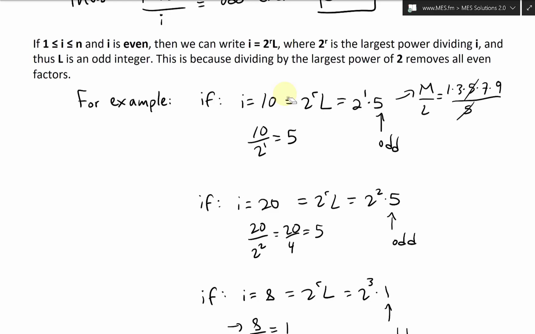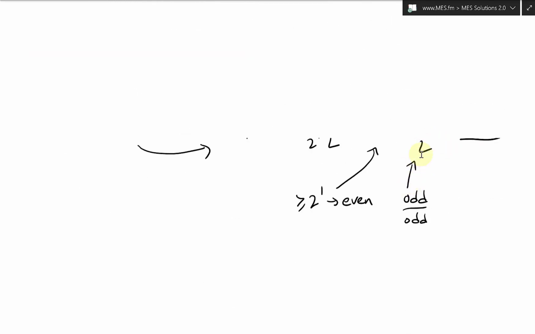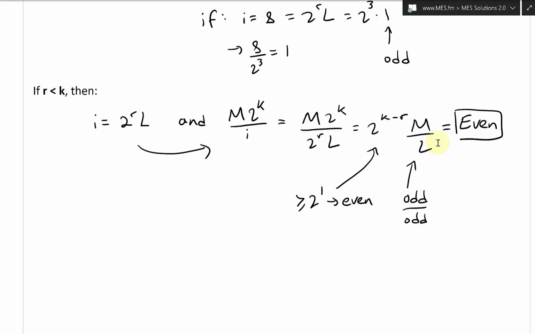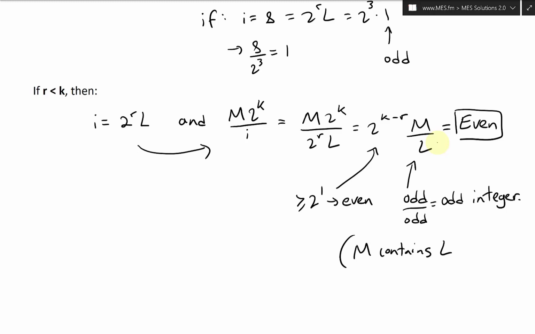So that's going to be odd, and there are going to be integers, and that's even. It's odd over odd, and it's an odd integer because they cancel out. I'll just put in brackets: m contains L, and they cancel.